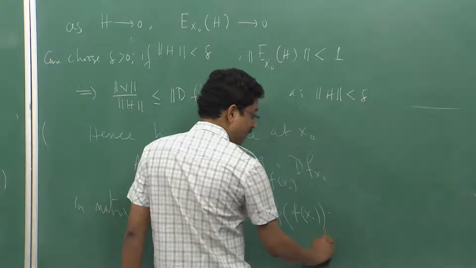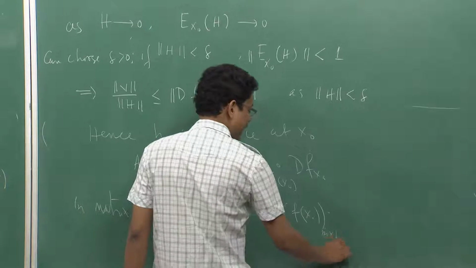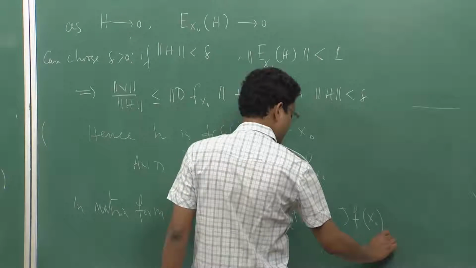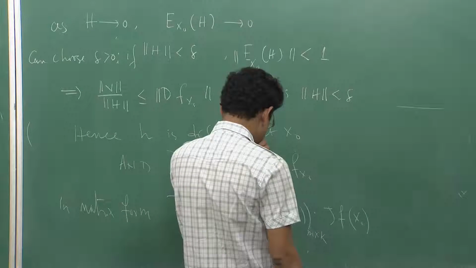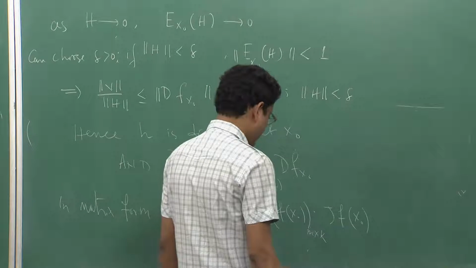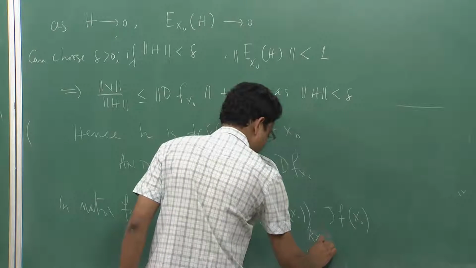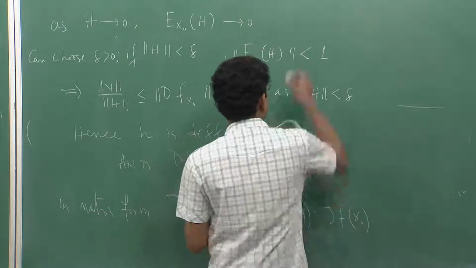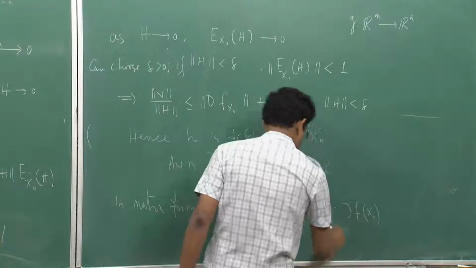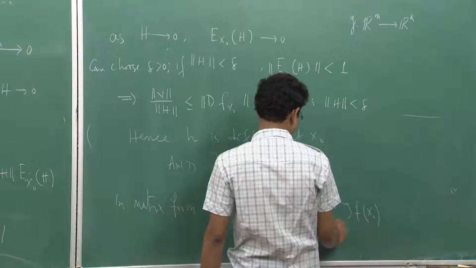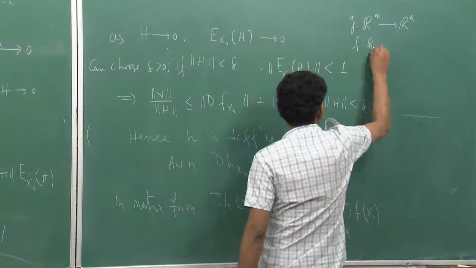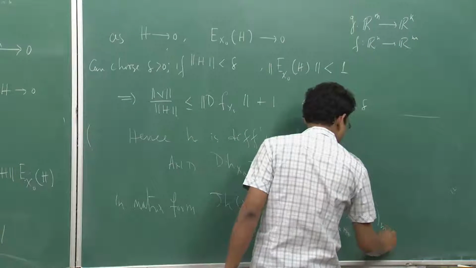the Jacobian of f at x naught, a matrix multiplication. What are the sizes? g was from R m to R k, so Jg at f x naught is a k cross m matrix, and f is from R n to R m, so the Jacobian of f is an m cross n matrix.